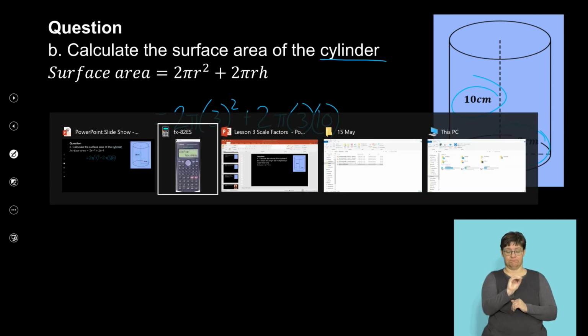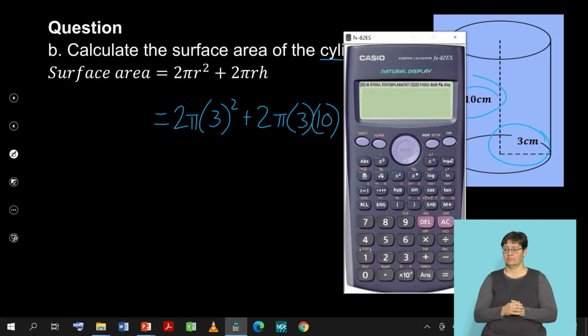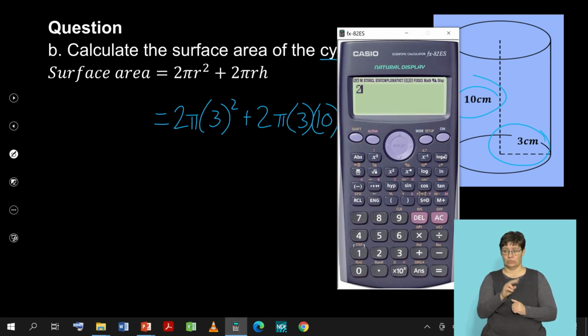Let's pop this into the calculator. So we are going to have 2 pi times 9, because 3 squared is 9, plus 2 pi times 3 times 10. This is going to give me 78 pi.